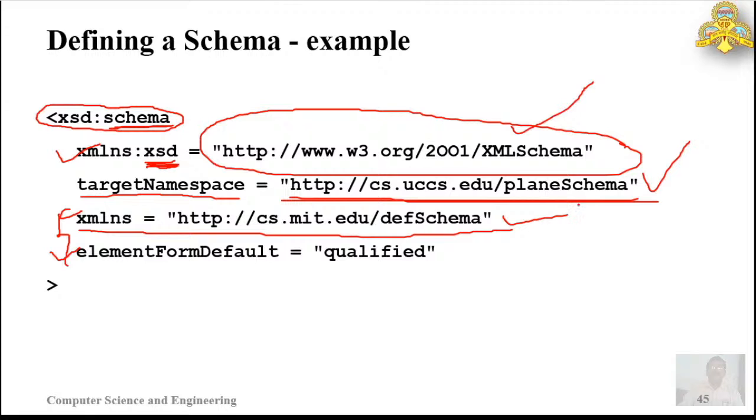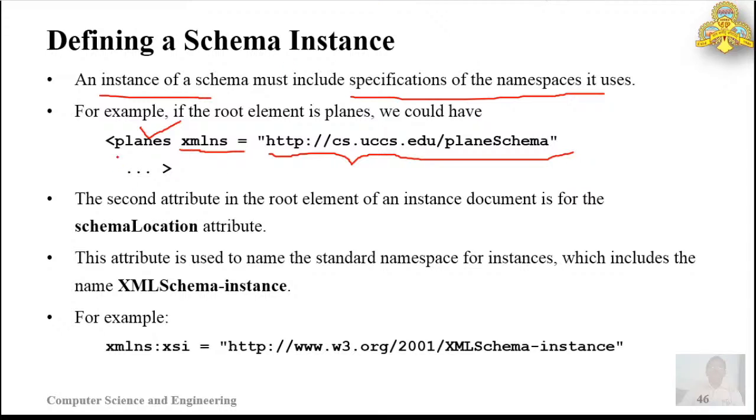Target namespace is here, so the namespace is taken from this place. So now the XML planes will have the definition from this namespace, and we have to provide the location from where it is. So I am creating an instance of that specification, that is schema location, and for that schema location we have to use the attribute from XML schema instance.